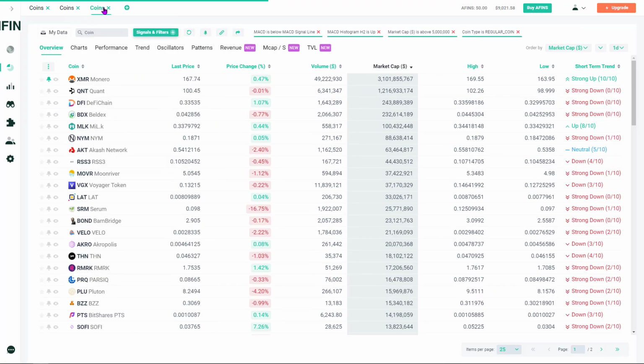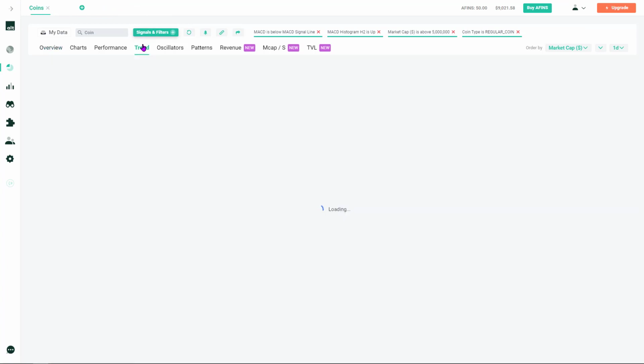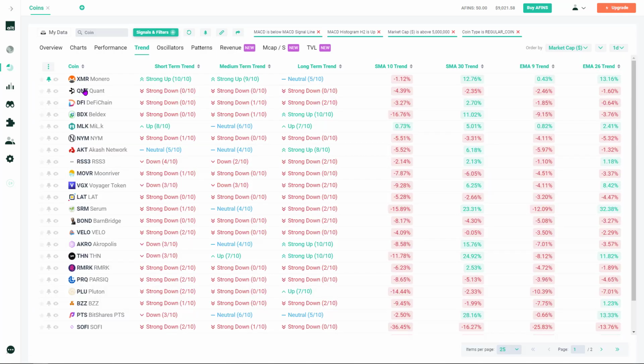There's a difference. In fact, let's take a look at the trend tab here. As you can see, Quant is in a strong downtrend, in fact, across all three time horizons, right?